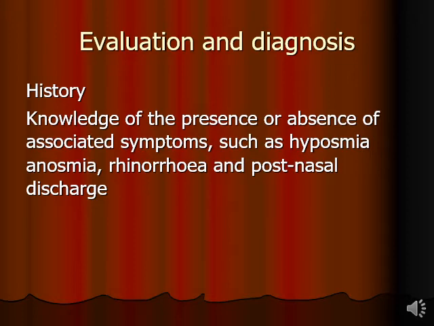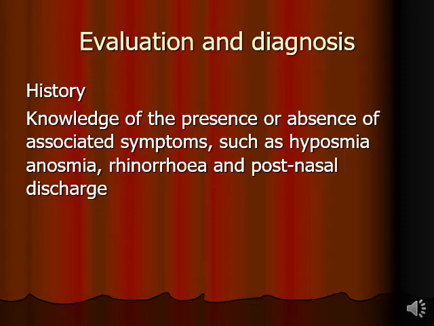What we mean by this, for example, in the case of a newborn with nasal obstruction, usually we think about choanal atresia. Nasal obstruction in a child, we more think about obstruction caused by hypertrophied adenoid.